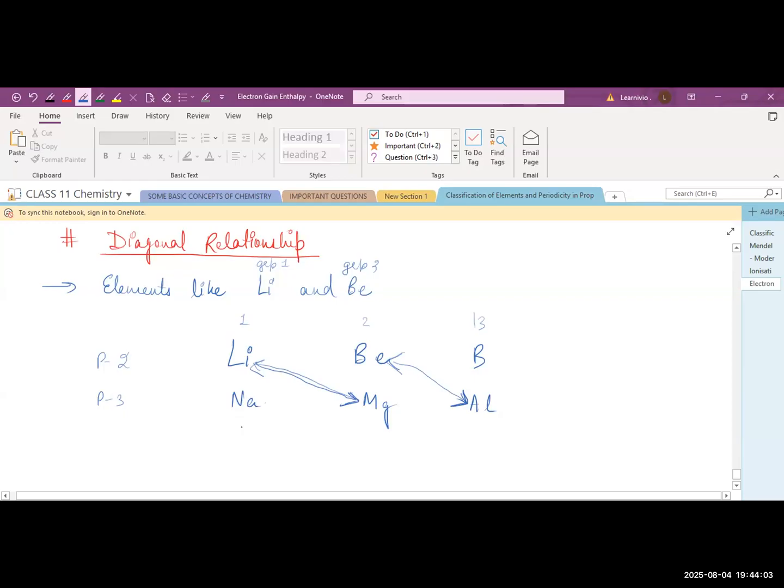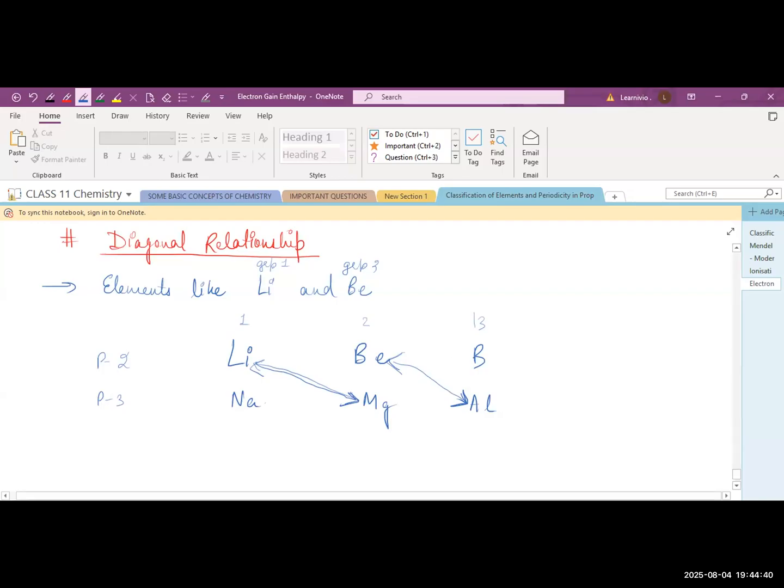As we move leftward from the helium side, group number 18, towards group number 1, I am using it just opposite, because we know that in a period, as we move from left to right, size decreases. But I'm talking about from right to left. As we move from right to left, size increases, and size also increases when we move down the group.